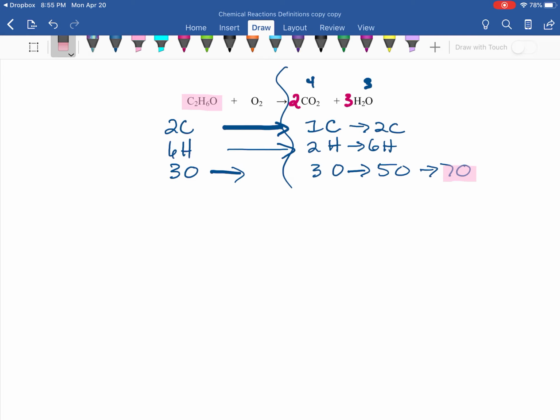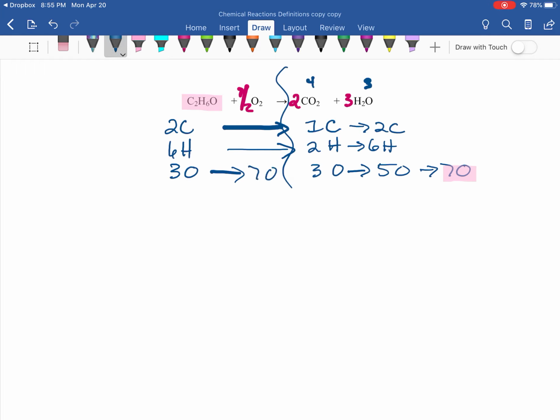Well, son of a motherless goat, our oxygen is an O2. So how do we get to 7? Well, that would have to be a fraction. You would have to have 7 halves in front of that oxygen. Oh, let me write that with pink. Follow my pattern. Okay, 7 halves oxygen.